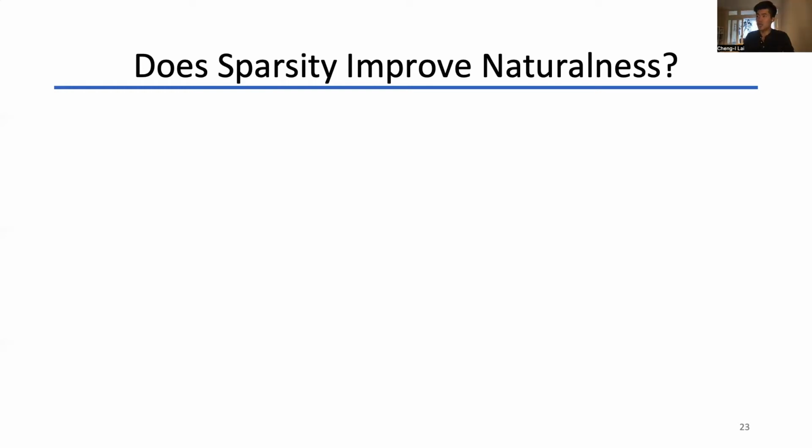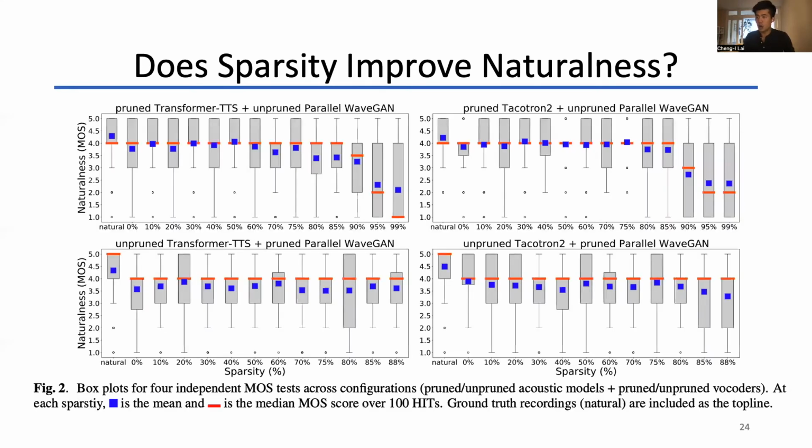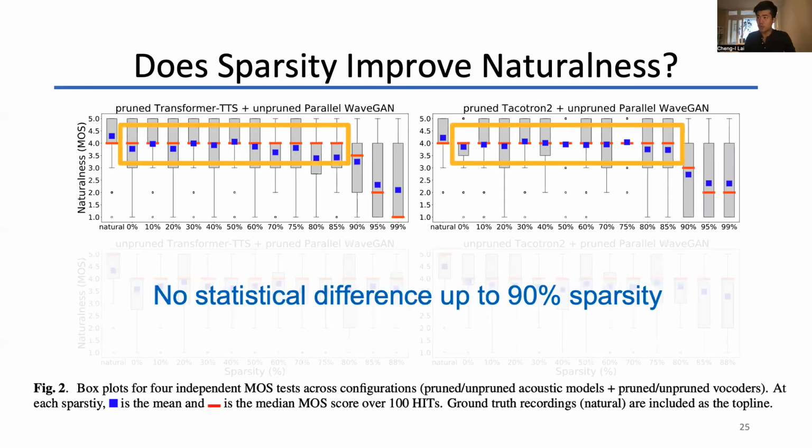The first question is, how does sparsity affect naturalness? And these are the MOS plots. The y-axis is the MOS score, and the x-axis is the sparsity value of the model. The top 2 plots are pruned Transformer TTS and pruned Tacotron 2 paired with an unpruned Parallel WaveGAN.